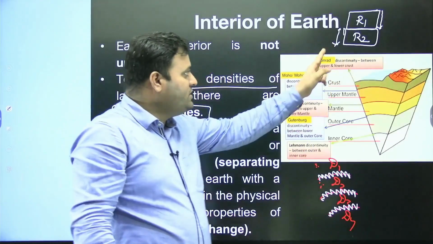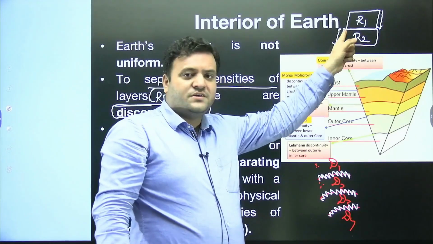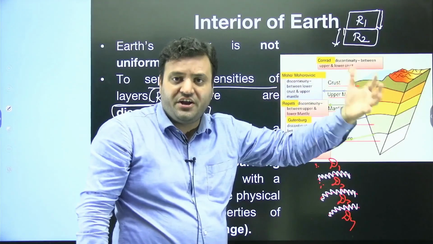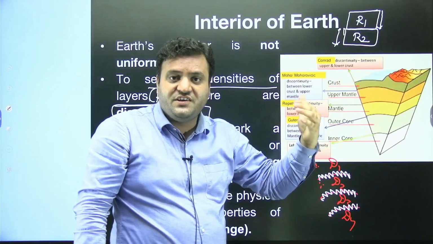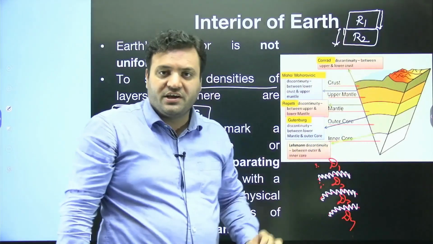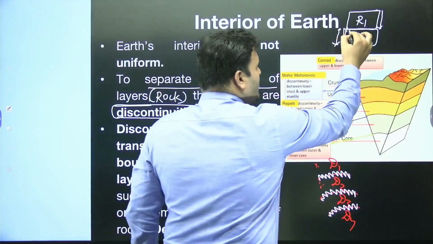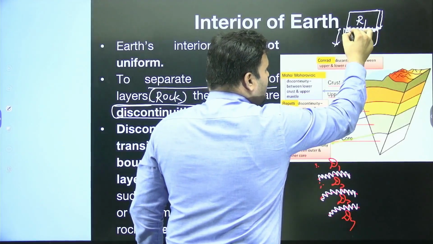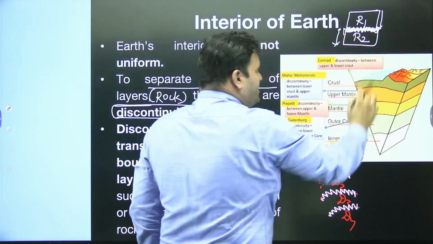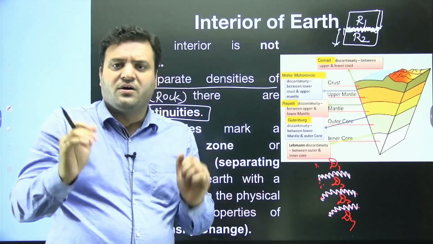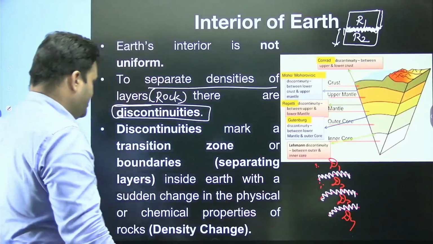So the point from which the density changed, where the continuity of features was broken, that particular region will be known as discontinuity. This discontinuity is a transition zone which shows a shift or change in the rock layers' composition.